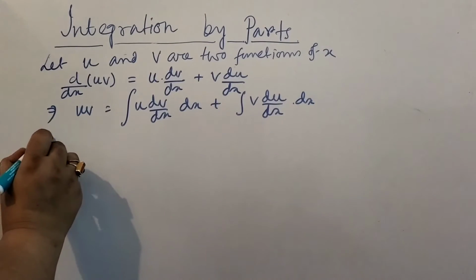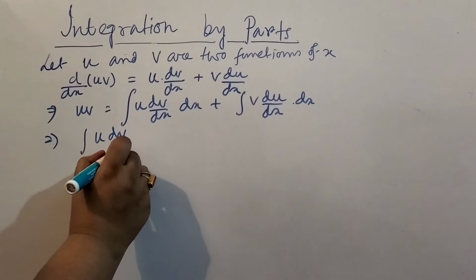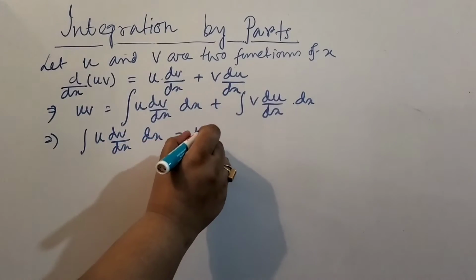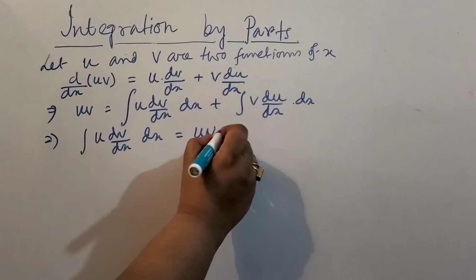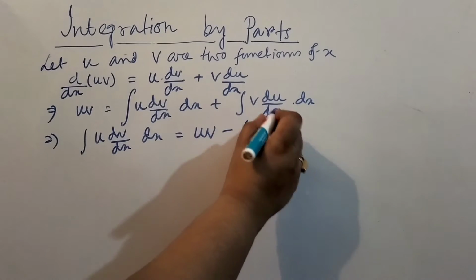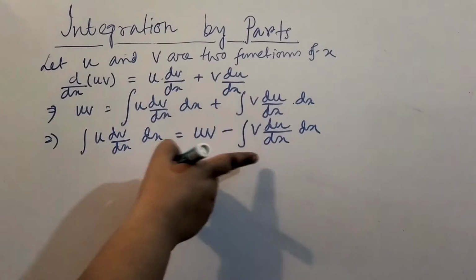So now from this we can write integration u dv/dx is equal to uv minus integration v du/dx with respect to x. Simple operation. So here we get this.